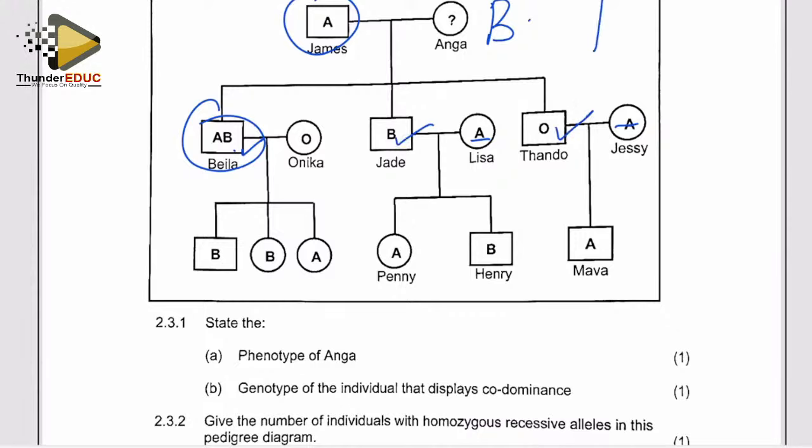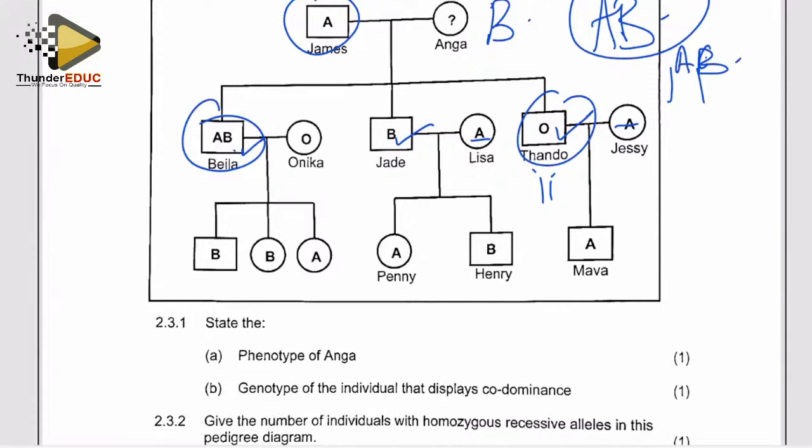Why not blood group AB? Because if there was blood group AB, then the genotype is going to be like this, and there is no way they're going to produce that. So it means that this one is blood group A, heterozygous, and this is blood group B, heterozygous, so that this and this combine and they produce this. Yes, so it means that Anga was blood group B.